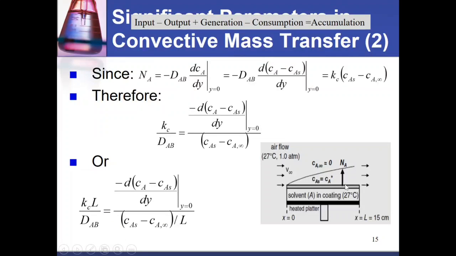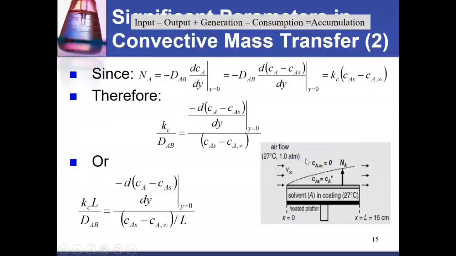The moles entering here should equal the moles leaving, and the moles leaving we can get from the convection, because from this point onward we have mass transfer by convection. Inside the coating it is by diffusion. And the convective flux, as we discussed before, is Kc times the driving force, CAS minus CA infinity in the bulk.